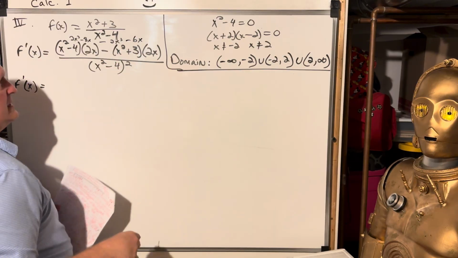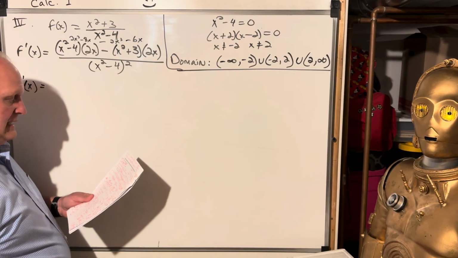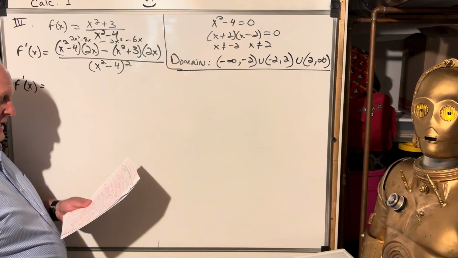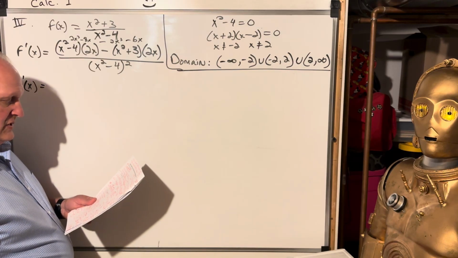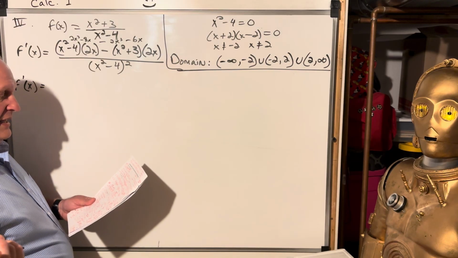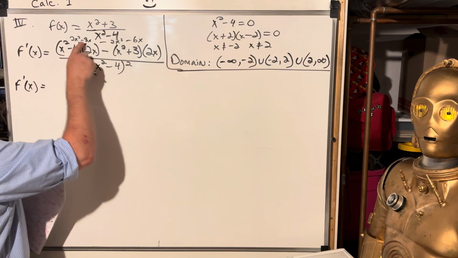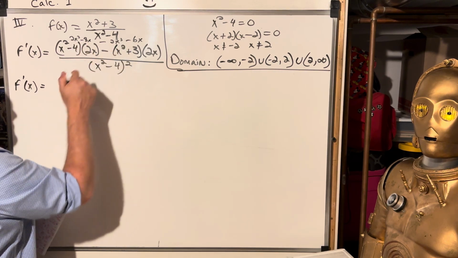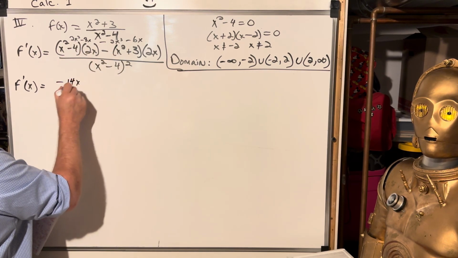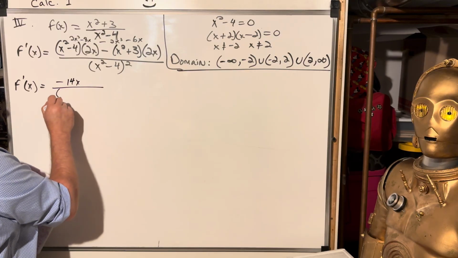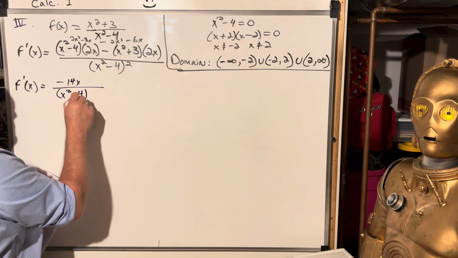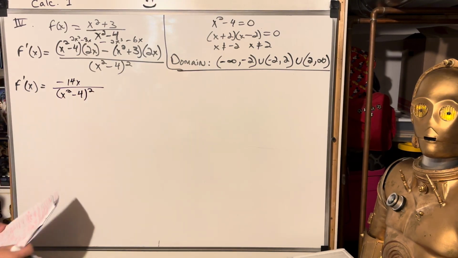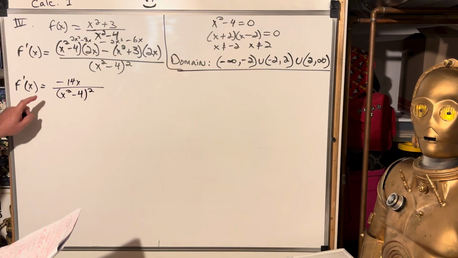So you get negative 2x cubed minus 6x. And so then you combine those like terms. The 2x cubes die, negative 8 and negative 6, negative 14. x over x squared minus 4 squared. So there's our first derivative.